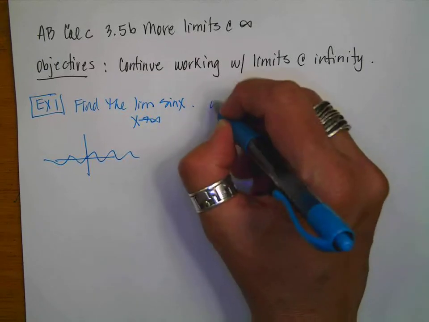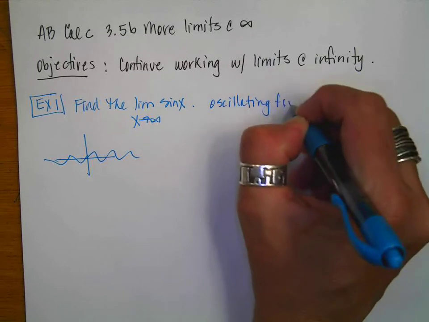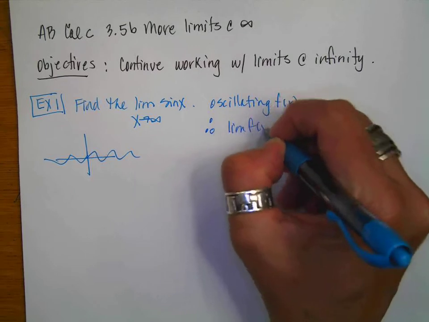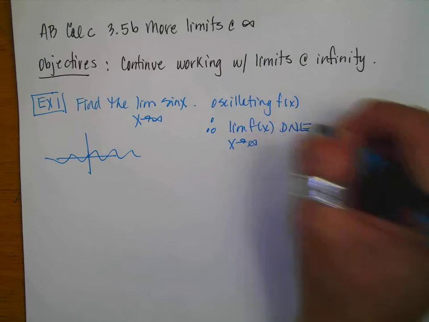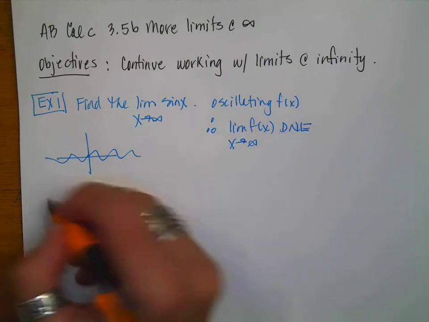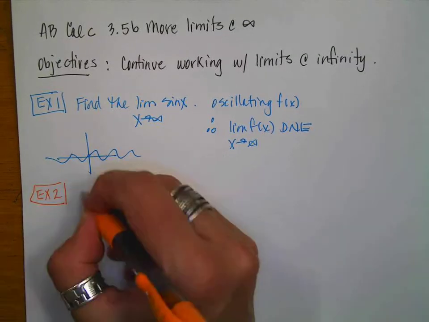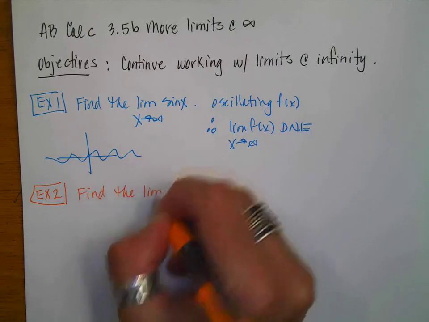So therefore, this is an oscillating function, and therefore, the limit of f of x as x approaches infinity does not exist because it is an oscillating function.